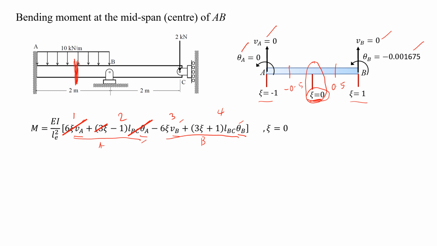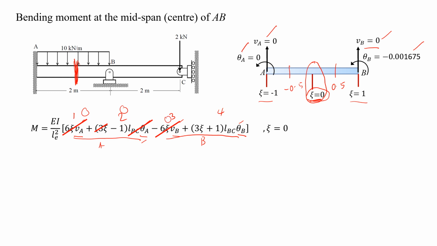So the first and second terms are all 0. On the third term, we check that vB is equal to 0, so again we can cancel it, as this value is equal to 0.